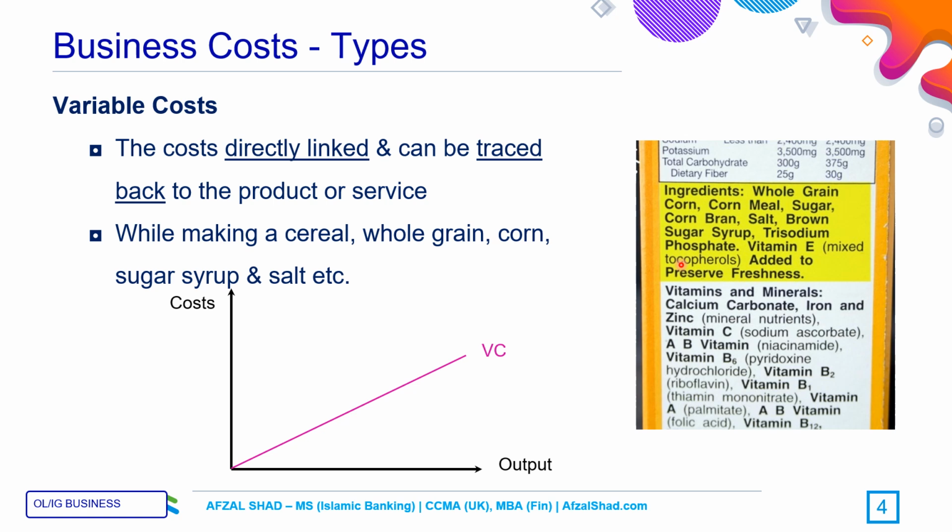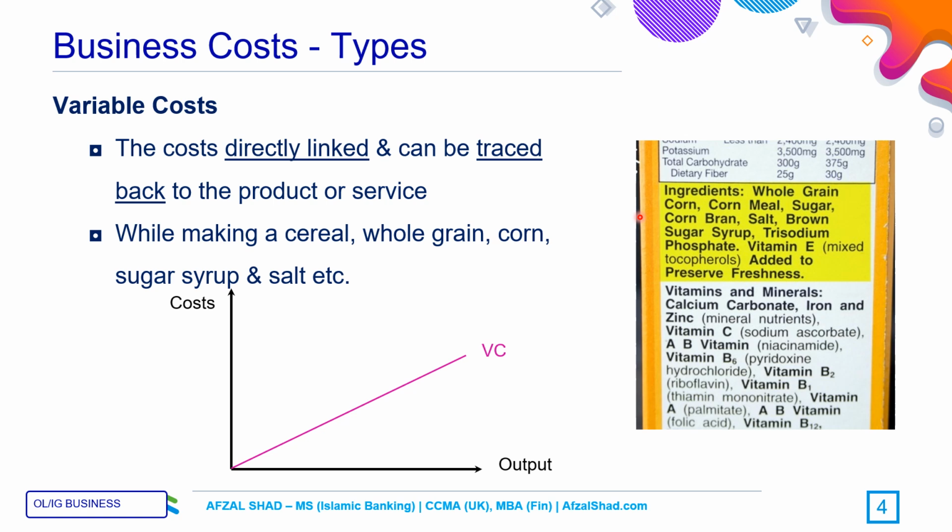That means, suppose I say the whole grain corn that is used to manufacture a cereal is approximately 100 grams per pack. Now listen carefully. Your use of whole grain corn was 100 grams per pack.